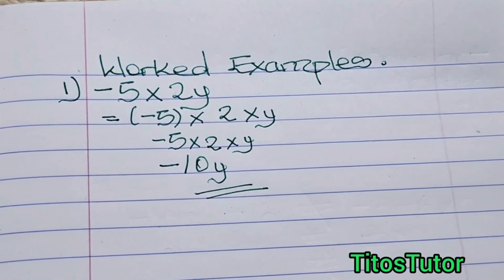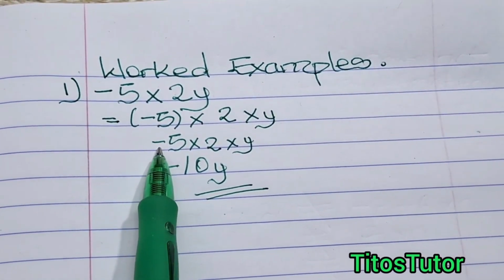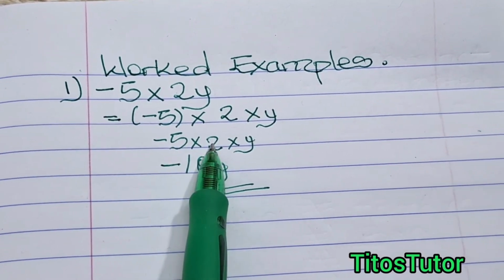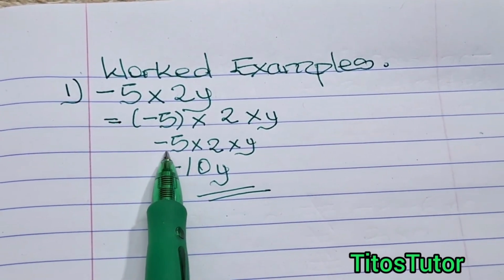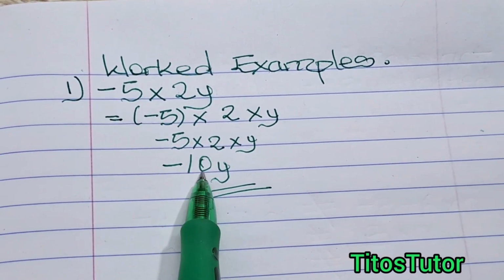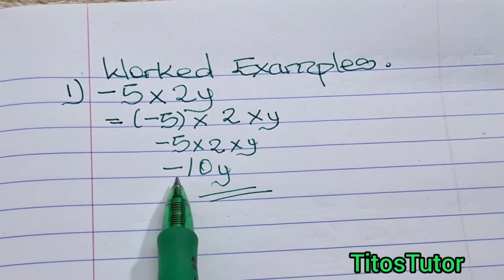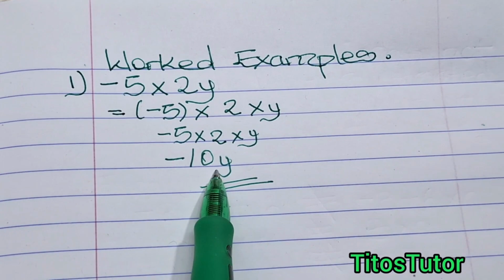Don't forget that, because a negative number multiplying a positive number gives you a negative answer. So minus 5 times 2 is minus 10, multiplied by y is simply minus 10y.